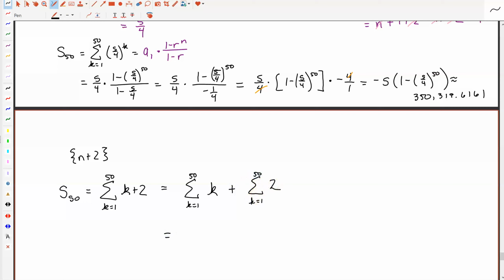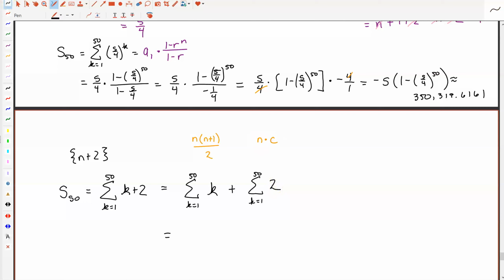So as a reminder for the formulas, the sum of k is equal to 1 through 50 of k, generically how we find that is going to be n times n plus 1 divided by 2. And then generically for the second summation, summing a constant is just going to be your value for n times the constant that you're summing.